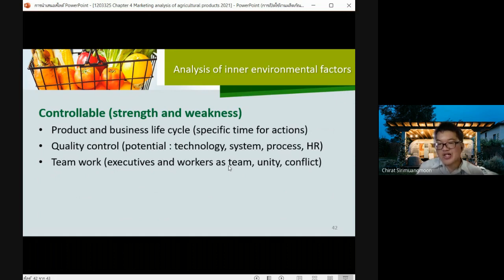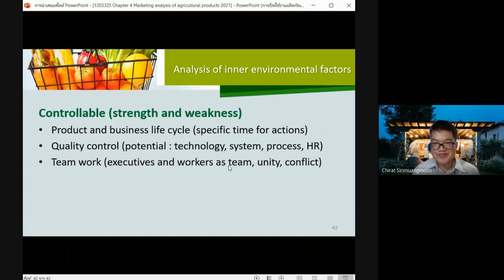And also the quality control, I would say if you have good quality control on your business, you have the potential to have a new technologies, like you can apply more technology, you have better system, you have better process, and you have a good human resource.